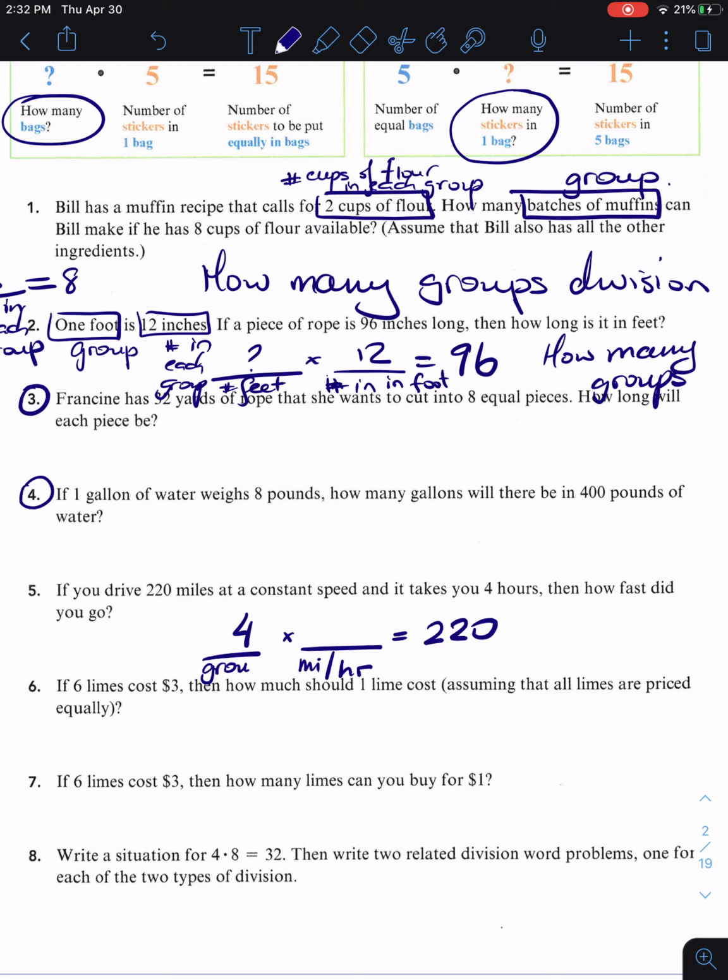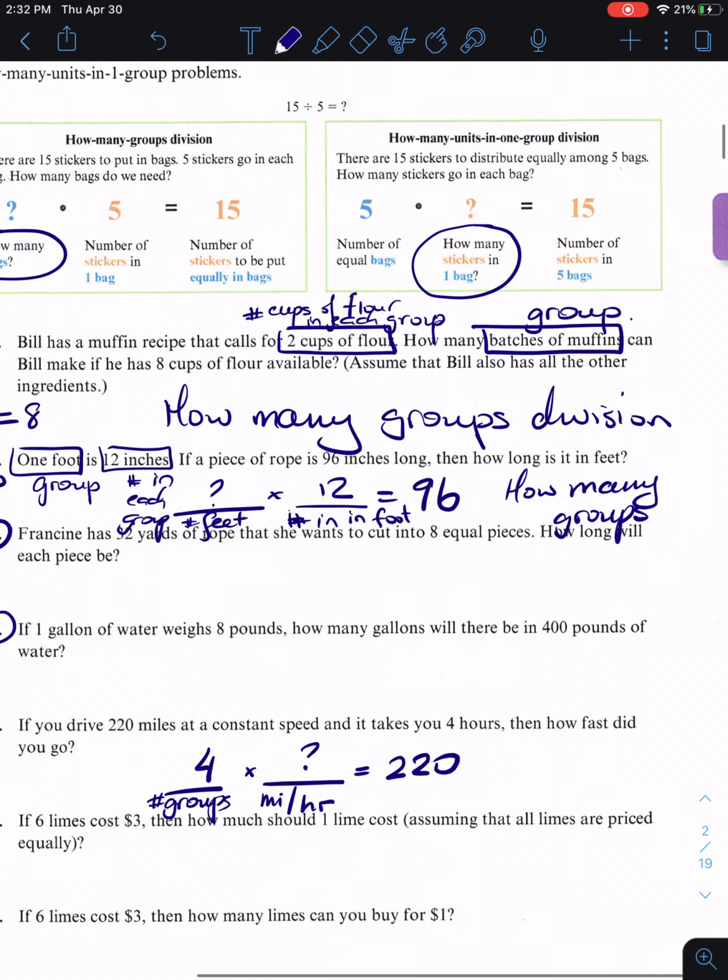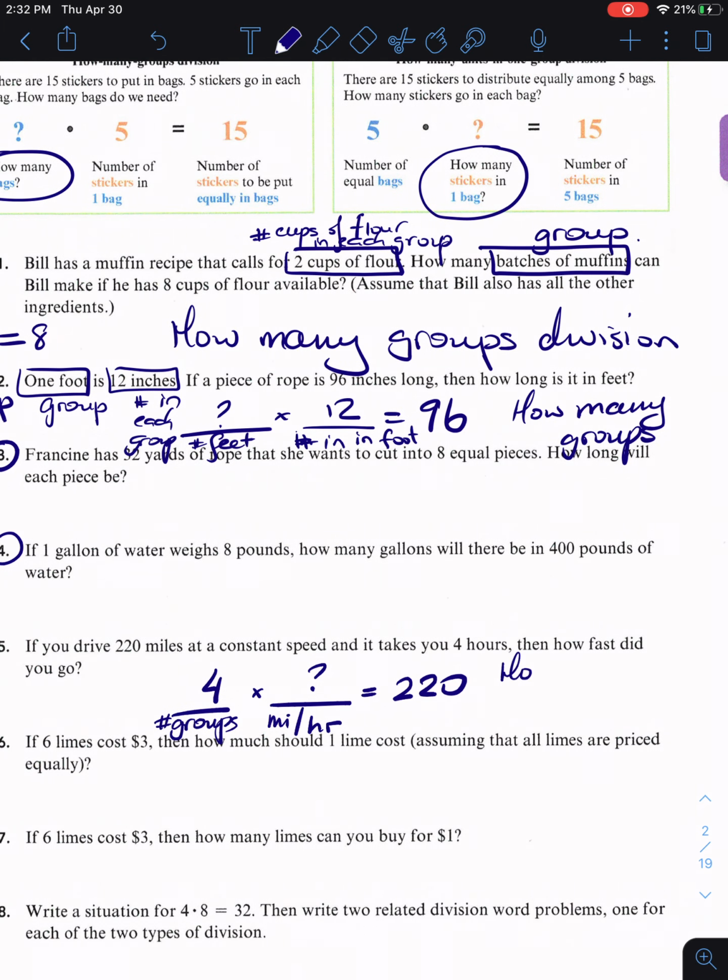The hours are our groups. So the number of groups is our hours, and we don't know how many miles we went within each one of those hours. So this is that other one: how many units in one group? How many in one group? Division.